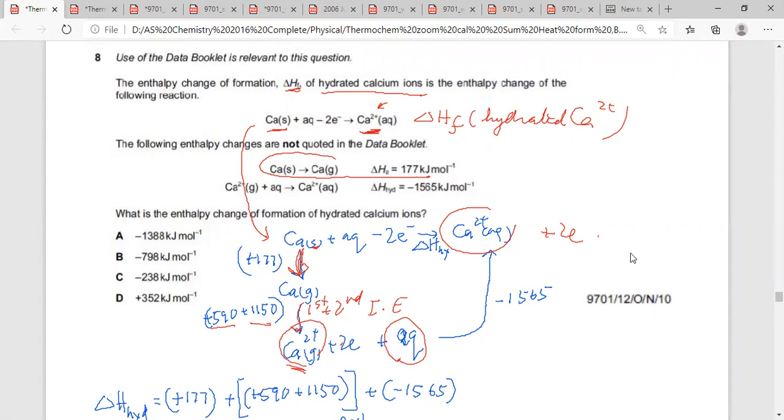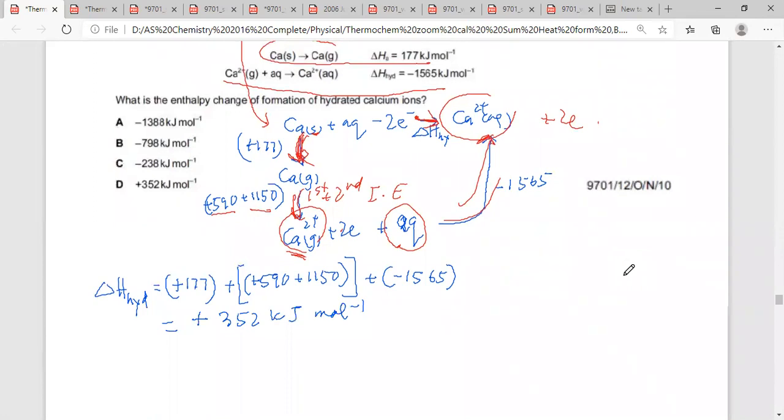Now here is given as this. 1 mole is hydrated. So what is this heat change? Remember, Hess's law: here to here is equal to here plus here. So here plus here plus here is equal to here. Again, you solve, it is plus 352. Do it yourself again. Okay, so great. We are finishing now.